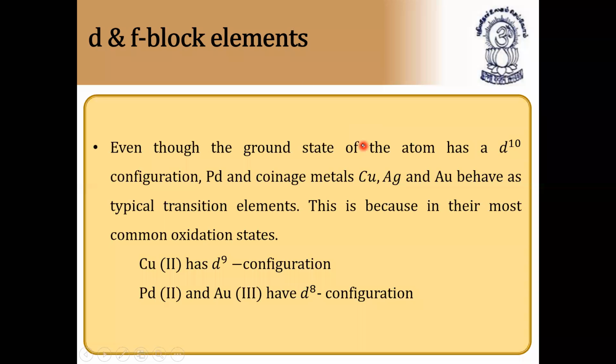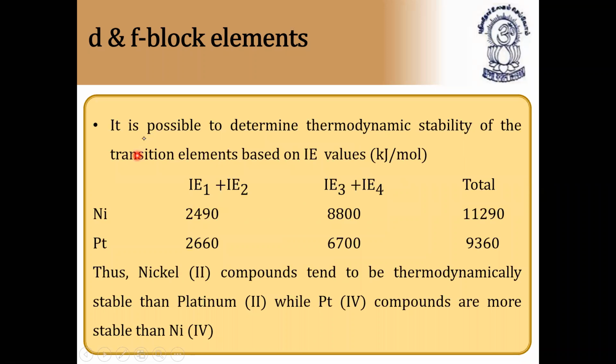Next continuation. It is possible to determine the thermodynamic stability of the transition elements based on ionization energy values. For nickel, it is ionization energy 1 plus ionization energy 2. What is meant by IE1 plus IE2?